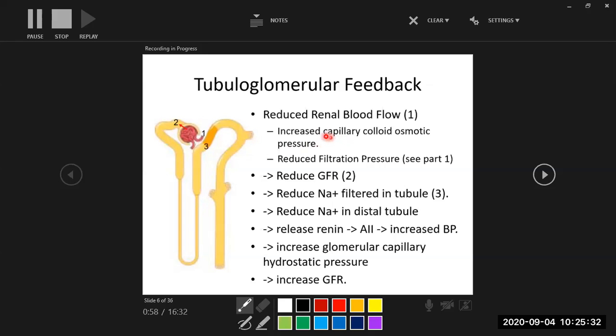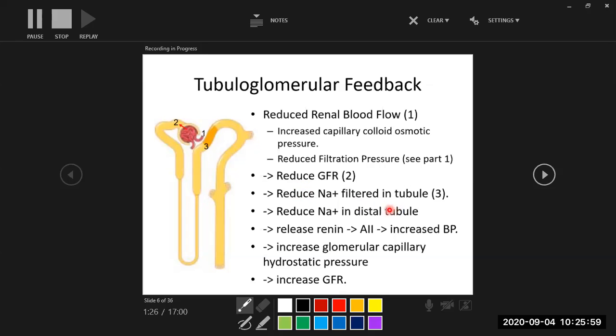So if the renal blood flow is low, and sodium level is low, basically the pressure is low, and GFR is low, and then it will trigger this.